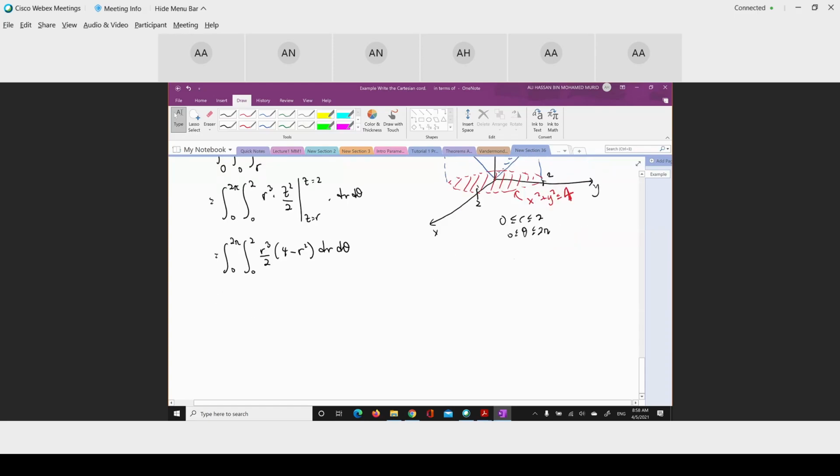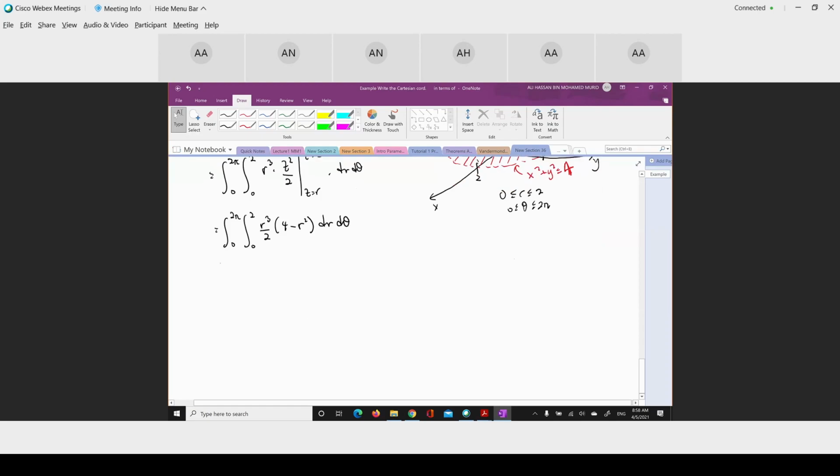So next we integrate this with respect to r. Now you see there is no theta in the integrand, right? There's no theta in the integrand, so I can write this as a product of two integrals.